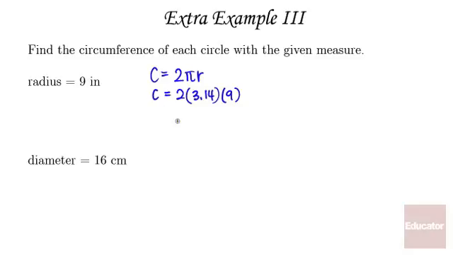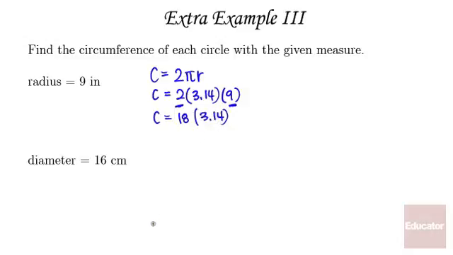Again, I like to multiply these two numbers first. You don't have to. You can multiply this times this and then take that and multiply it to this again. 2 times 9 is 18, times 3.14.